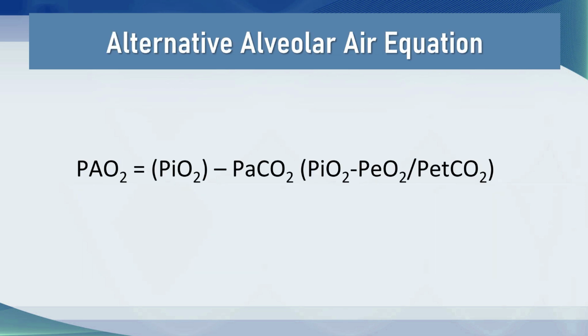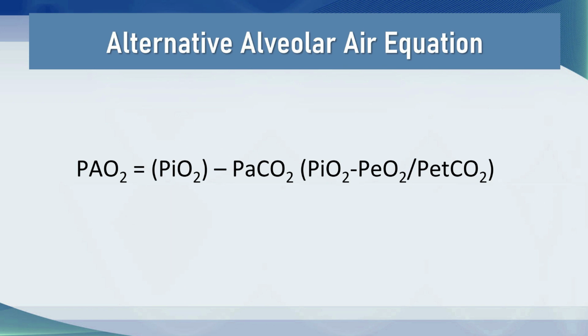There is an alternative version of the alveolar gas equation, which is the PiO2, that's 760 minus the partial pressure of water vapor, minus the PaCO2 multiplied by the PiO2 minus the end-tidal oxygen divided by the end-tidal CO2.